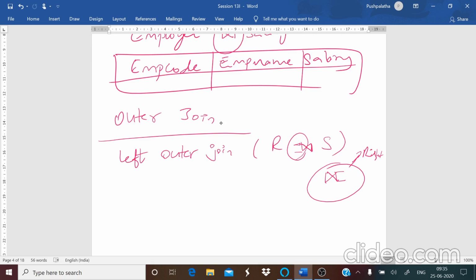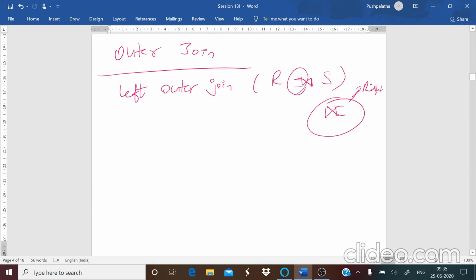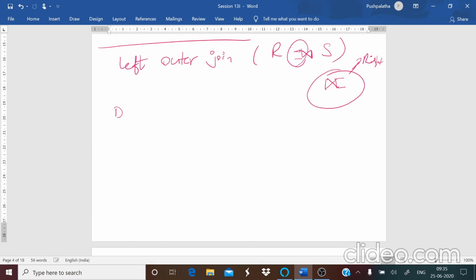So all the tuples of the left relation are included in the resulting relation. If there are multiple records or tuples in R without any matching records in S, then the S attributes are made null. Let me give an example so that you understand better. You have one table, department, with department code and department name.